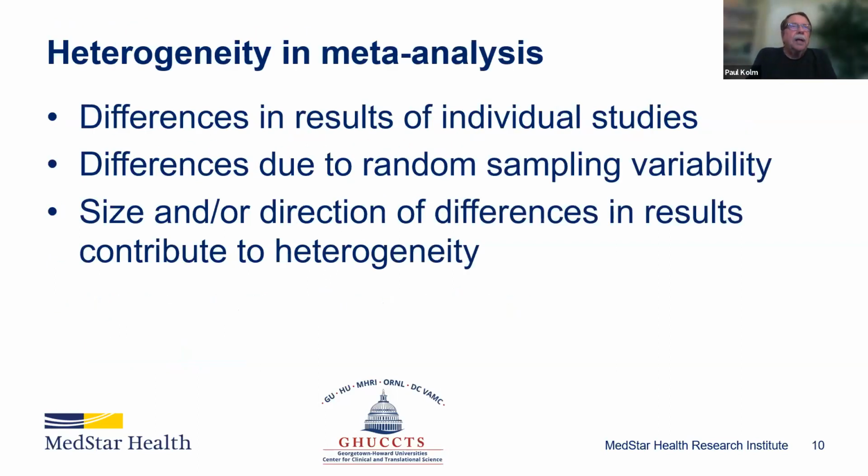So I'm going to make a few points about heterogeneity. What we would like to see is that whatever differences there are in the results of each individual study is just due to random sampling variability.